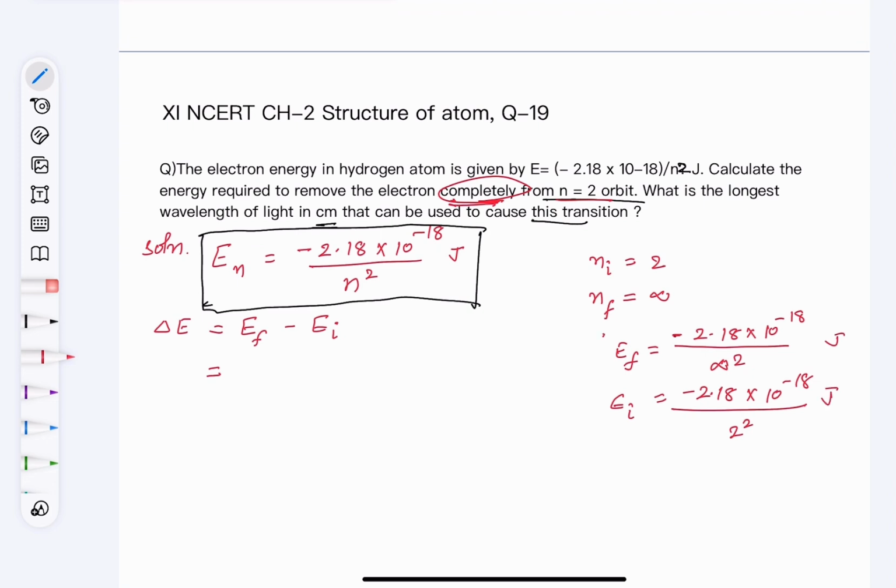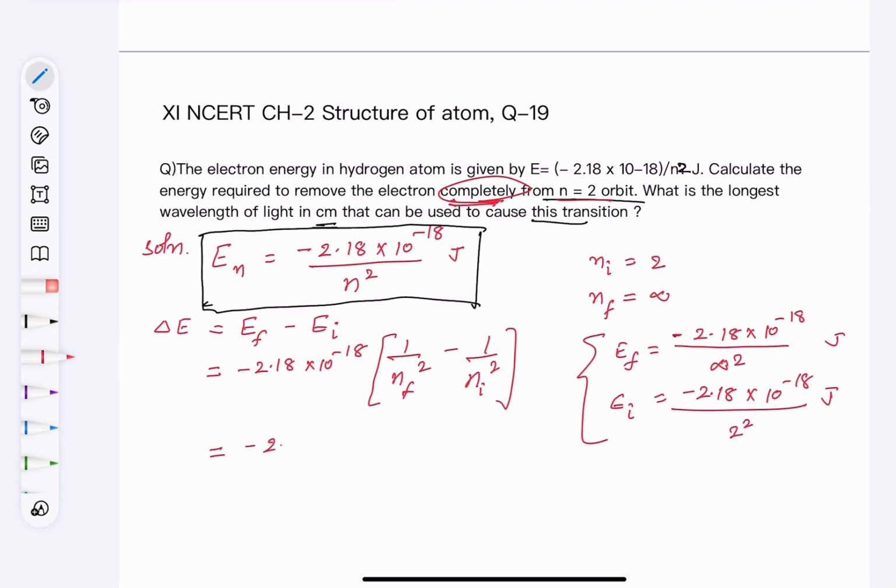So we can put these values here and we see that minus 2.18 into 10 to the power of minus 18 we can take out common, and we can use the formula 1 by n final square minus 1 divided by n initial square. These are the levels NF and NI, orbits.